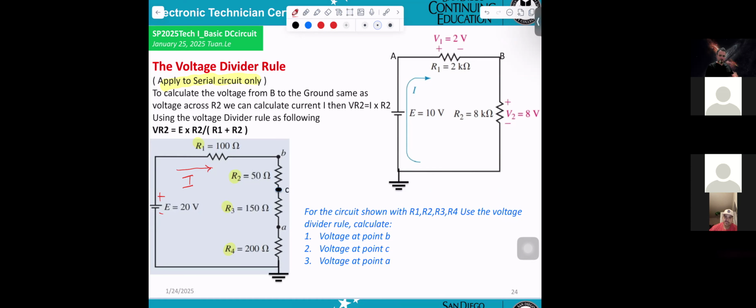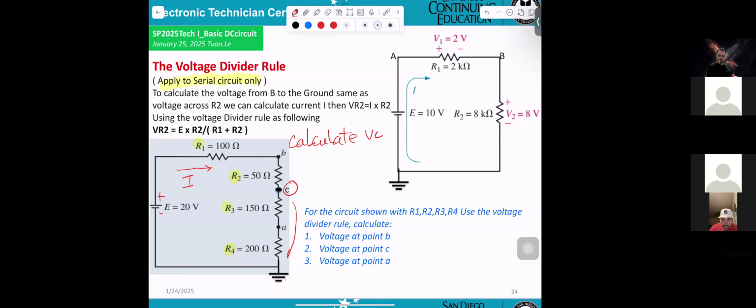Now, if I want to calculate the VC right here, that means from C to the ground.